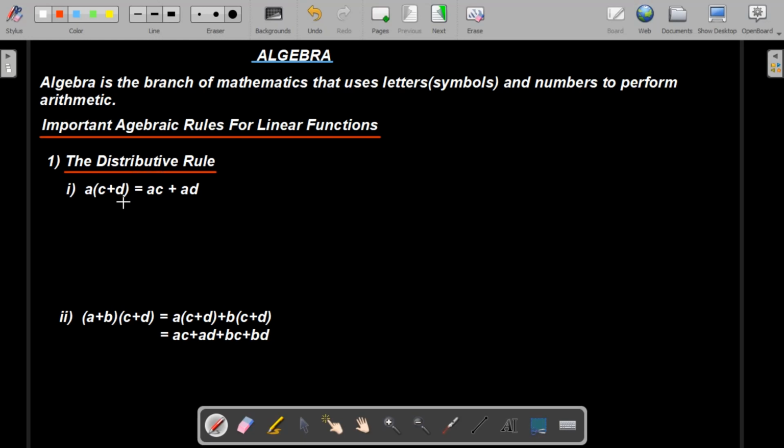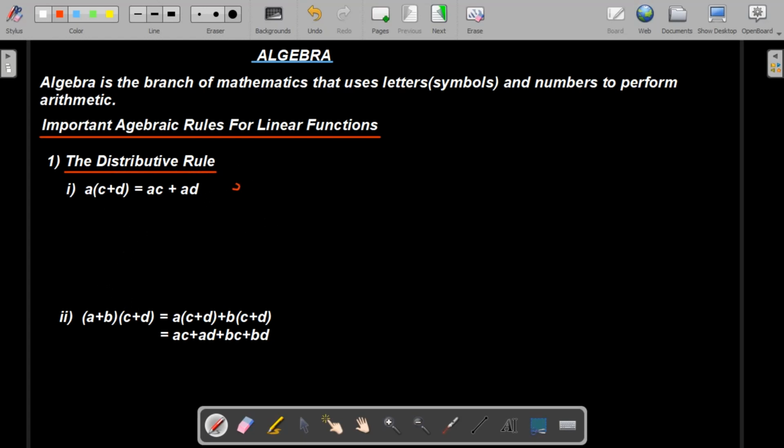If you have been given a, open bracket, c plus d, close bracket, it's the same as distributing this a with everything in the bracket. So a multiplied by c is ac, and a multiplied by d is ad. Everything has been distributed. That is what we call the distributive rule.